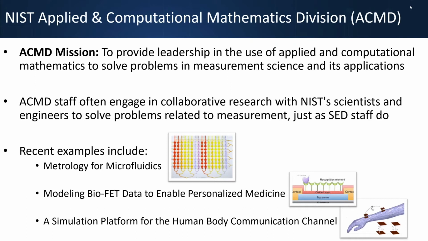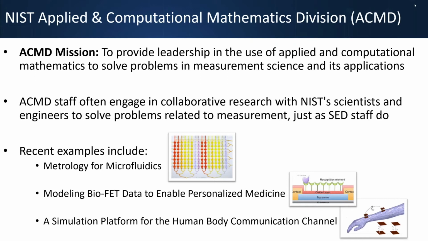For example, they're working on metrology for microfluidics. So the picture you see there is a whole series of microfluidic chemical test chambers, and they are learning how to deliver very small, very precise amounts of reagents into those reacting chambers, so they can do a whole series of high throughput experiments to optimize various chemical techniques.